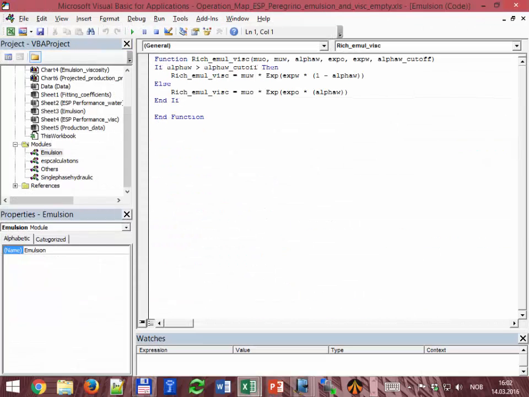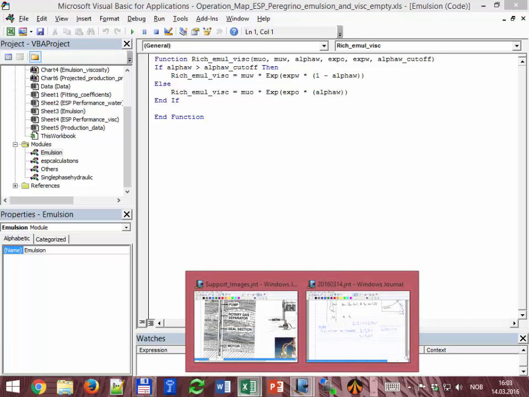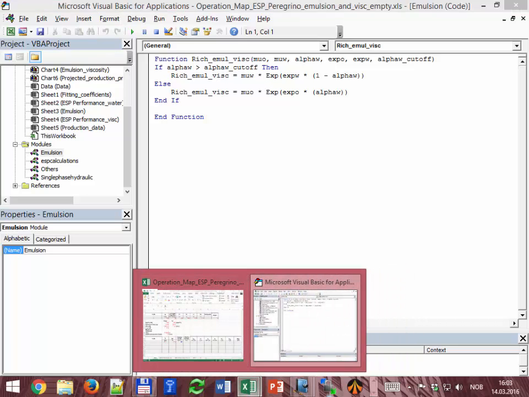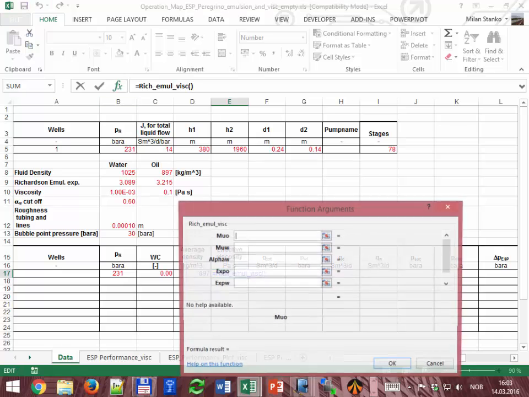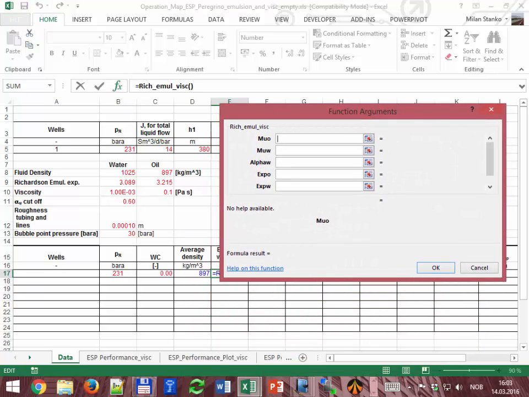So I think I call this a complicated name. Emulsion. Richardson emulsion viscosity, okay? And it has the two viscosities, the volume fraction, the exponents, and the cutoff. A lot of things, but these are the two exponentials that I told you for both sides of the plot. I hope you remember that, and if it's already forgotten and you don't remember, what was Richardson? Emulsion viscosity. And here I need a lot of things. Need the viscosity of the oil. I block it.